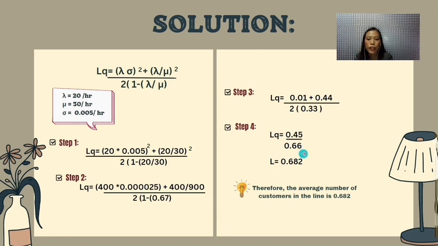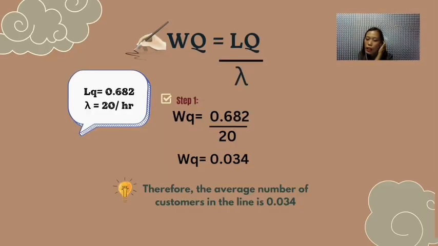Now, we need to divide this 0.45 by 0.66. It's equals to 0.682. So, therefore, the average number of customers in the line is 0.682.